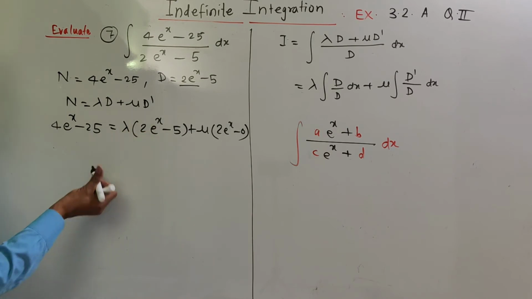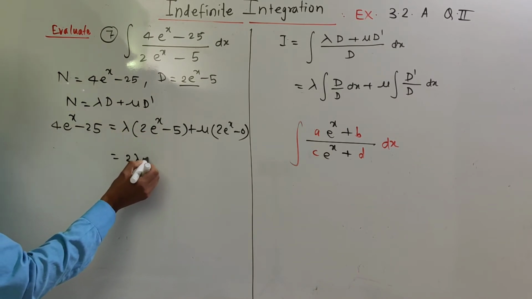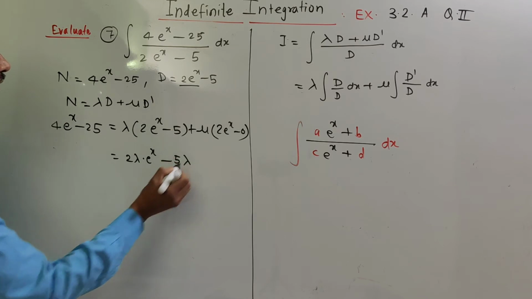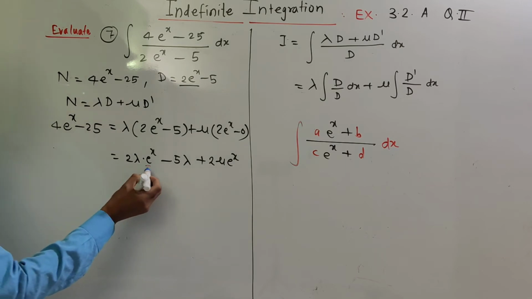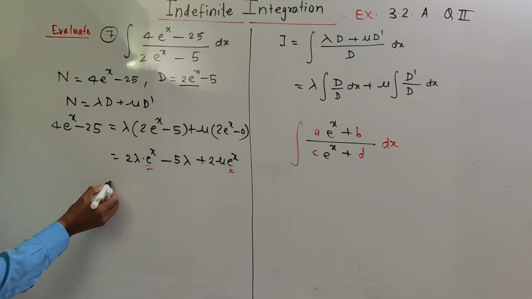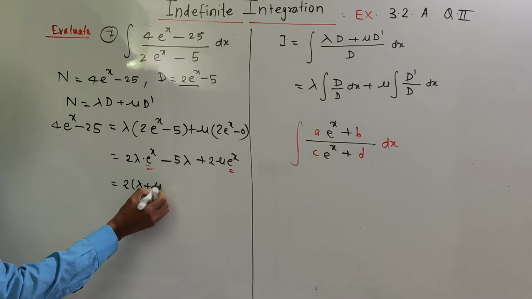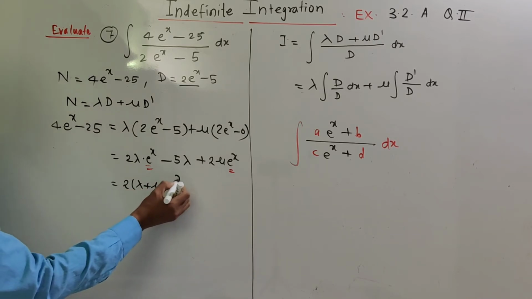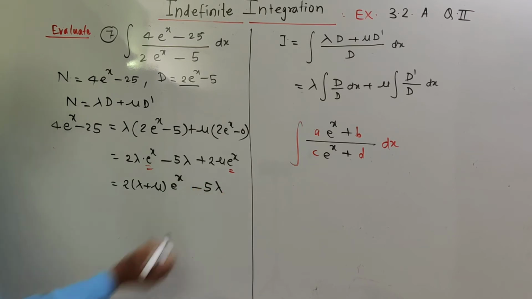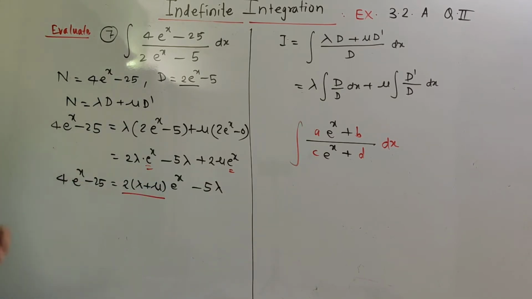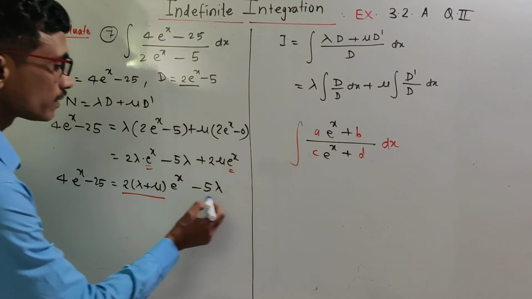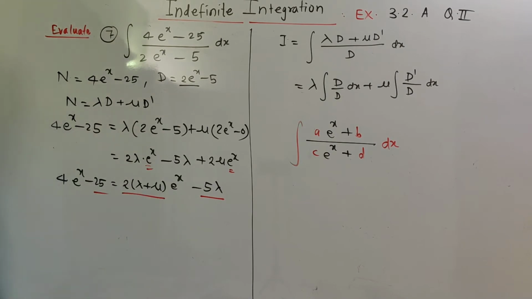Solving further, it is 2 lambda e raised to power x minus 5 lambda plus 2 mu e raised to power x. Taking e raised to power x common, it is 2 times lambda plus mu into e raised to power x minus 5 lambda, and the left hand side is 4 e raised to power x minus 25. So the coefficient of e raised to power x, 2 lambda plus 2 mu, is equal to 4, and the constant term is minus 5 lambda, which is minus 25.